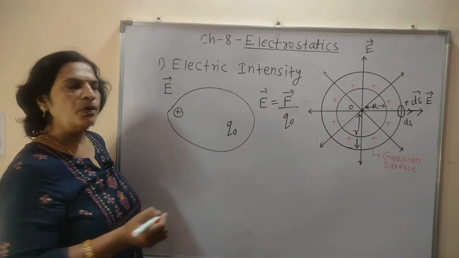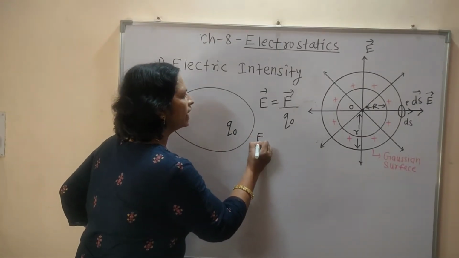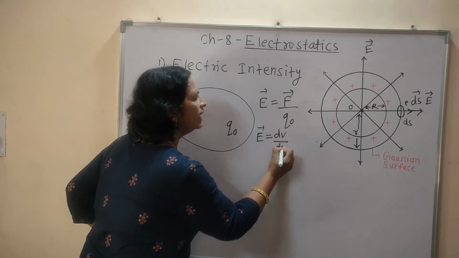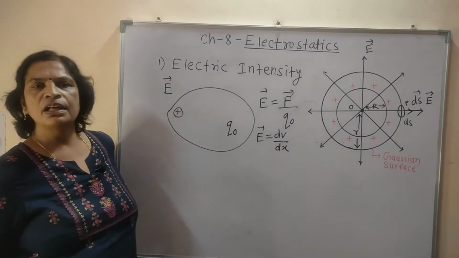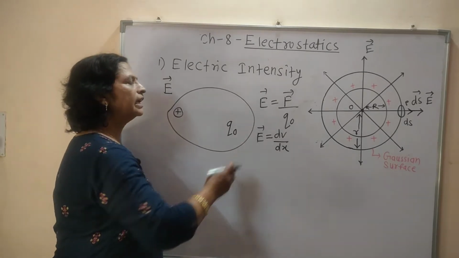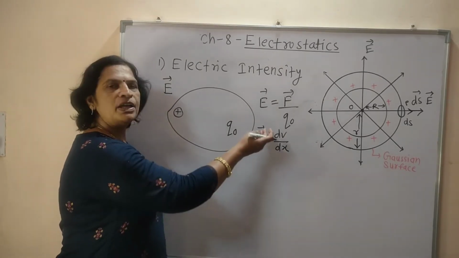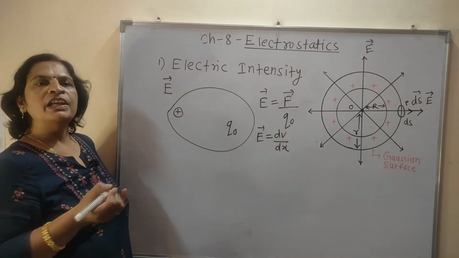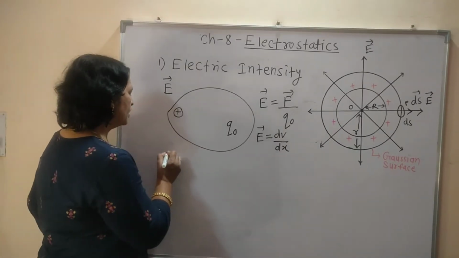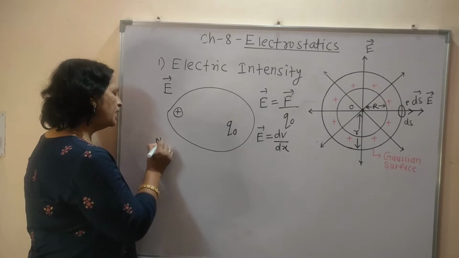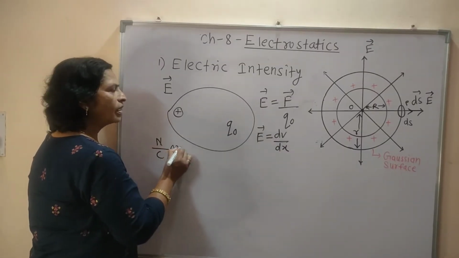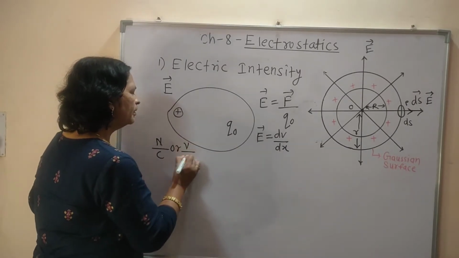Then another formula used for electric intensity is E equal to dV by dx. That is another formula to calculate the electric field intensity. By using these two formulas, the unit of electric intensity is Newton per coulomb or volt per meter.